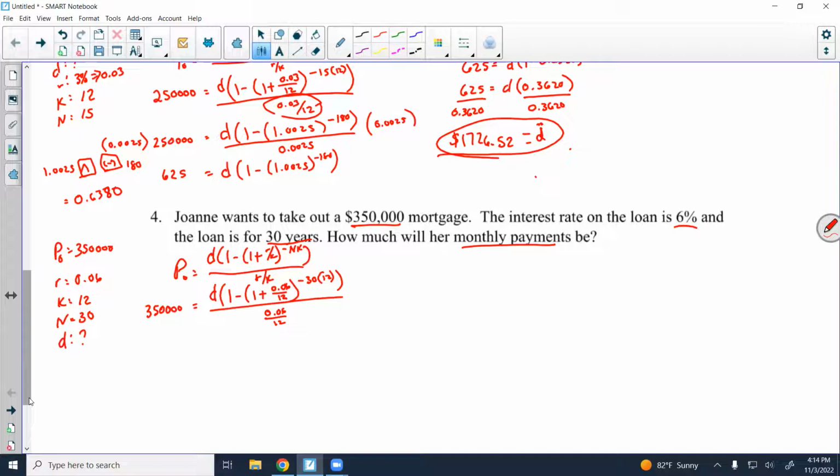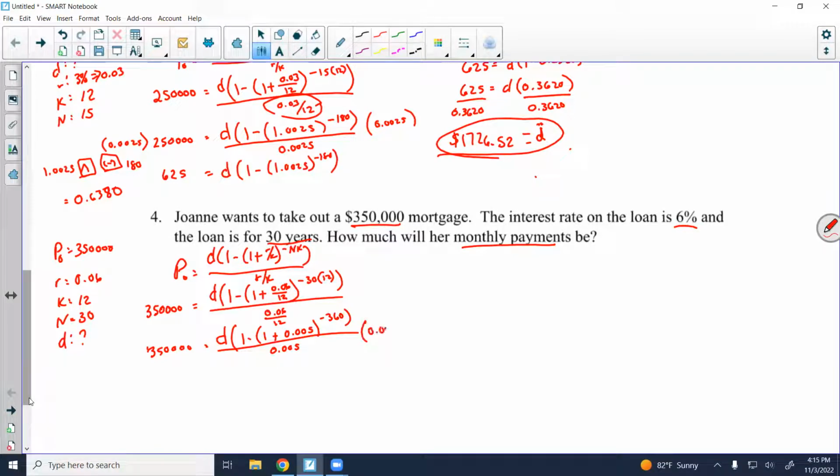Well, 0.06 divided by 12 is 0.005. That's to the negative 360th power over the 0.005.